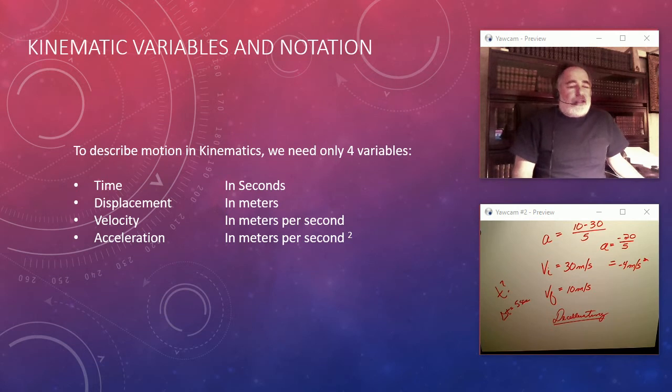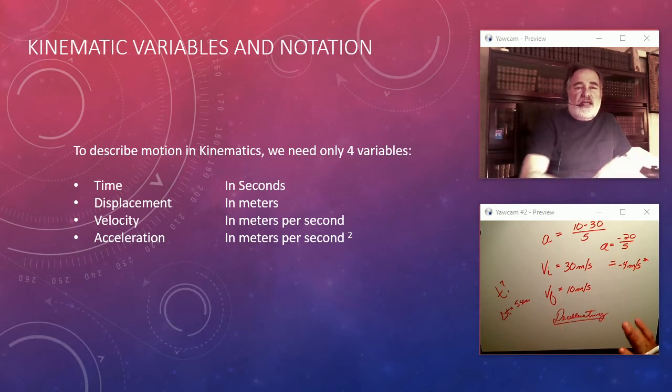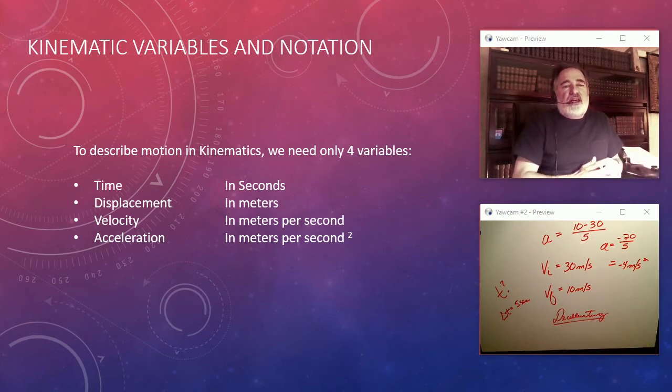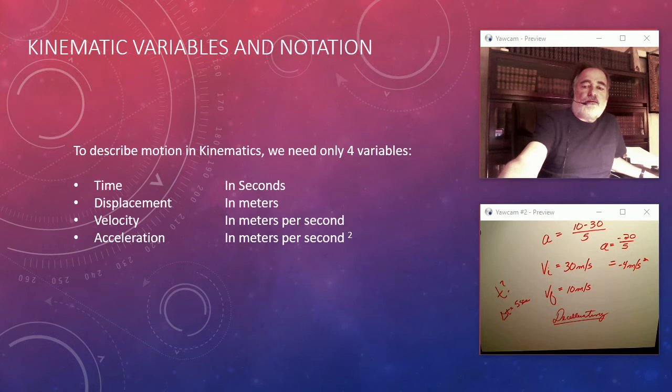So when I talk about motion, decelerating, changing in velocity, changing in time, changing in acceleration, I'm really concerned in motion and kinematics only with those 4 variables: time, displacement, velocity, and acceleration.